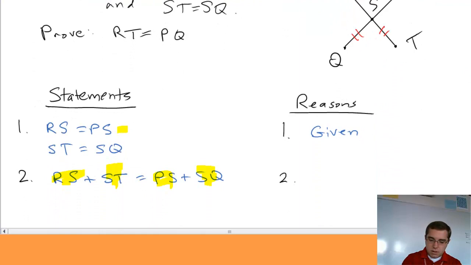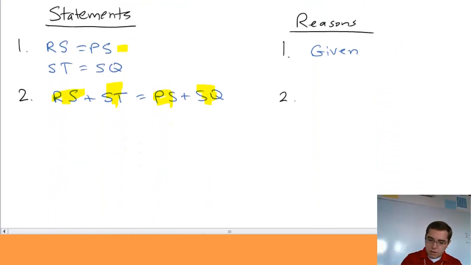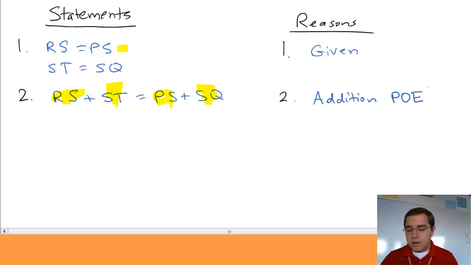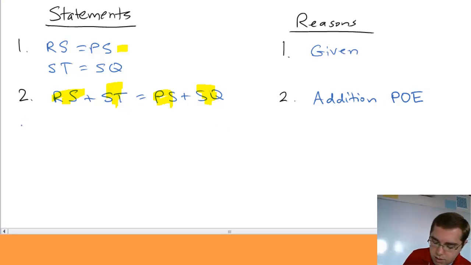So my reason then is the addition property of equality, and we can abbreviate property of equality in this class as POE. So I know this is true because of the addition property of equality. That says I can add the same thing to both sides. Since ST and SQ are equal, I can add ST to one side and SQ to the other. Statement number 3.